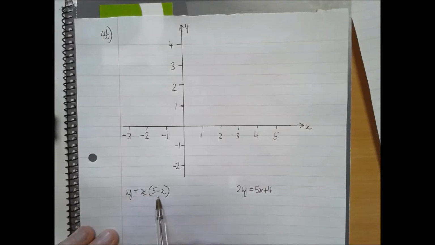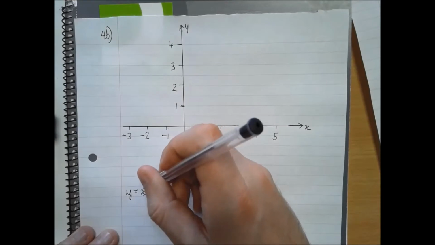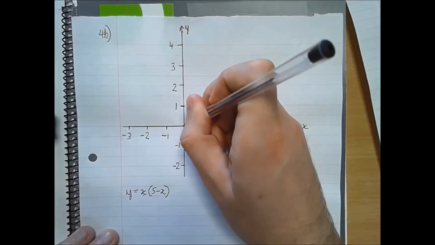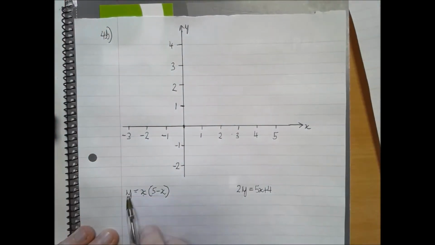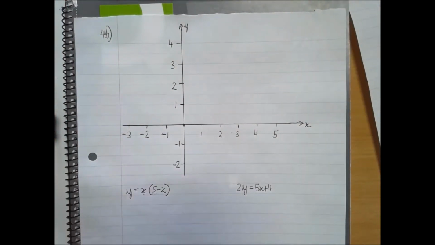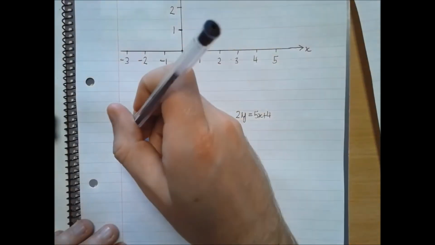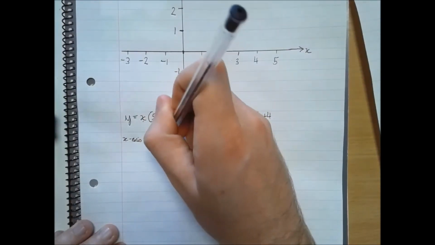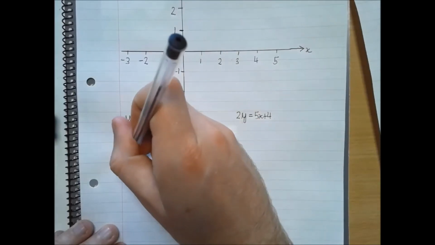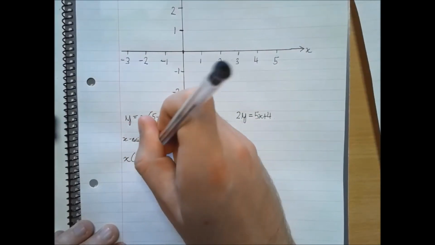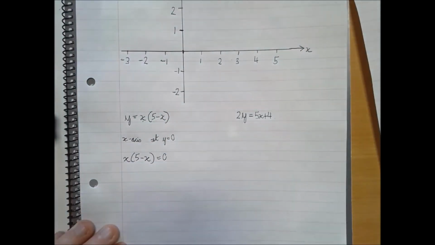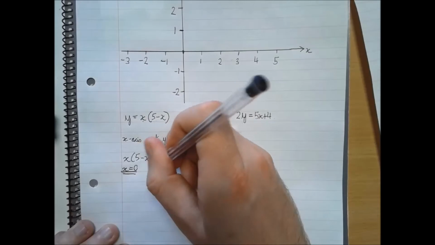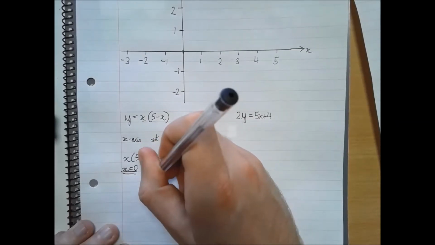Now we have a look at this, x and then 5 minus x. For the x-axis, set y to 0, so you have x times 5 minus x equals 0, so x equals 0, or 5 minus x equals 0, so x equals 5.